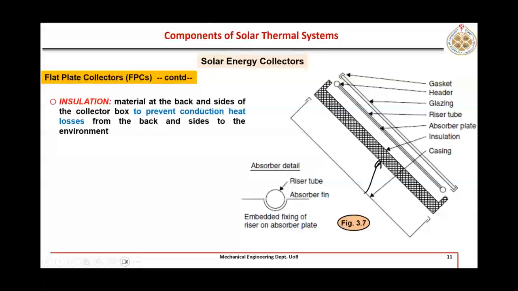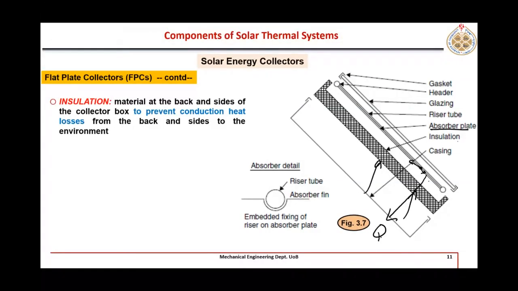Insulation, as I already explained, is provided at the back side of the absorber plate to decrease the heat loss from the bottom, right? Because ideally we want all of the heat produced due to the absorption of solar radiation to be transferred to the fluid flowing in the riser tubes. So we need to prevent all other losses of heat.